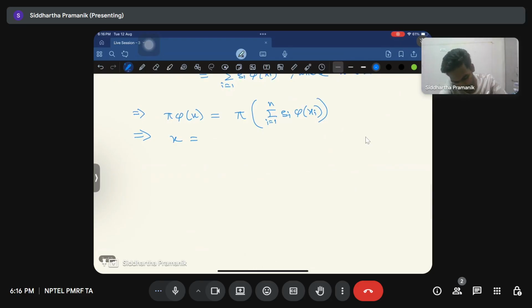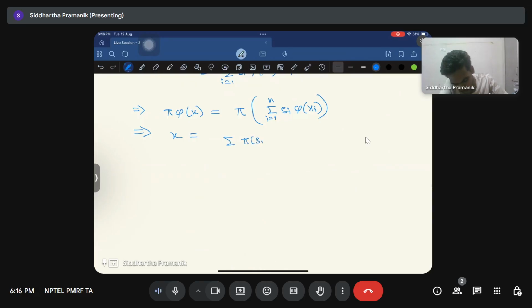And this summation will break into pi of si pi phi of xi, where i is equal to 1 to n. Again you apply pi compose phi is equal to identity here. So you will get summation pi of si xi. This is because pi compose phi is identity on R.